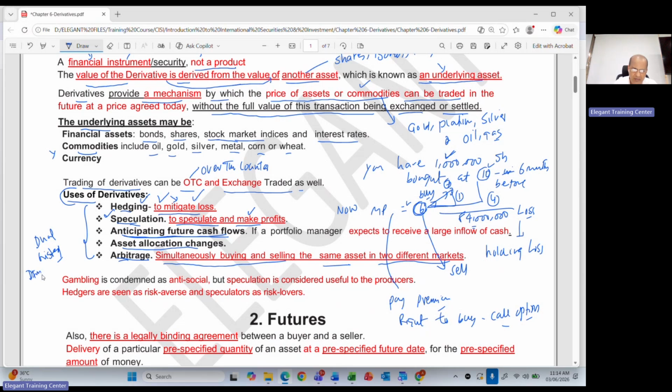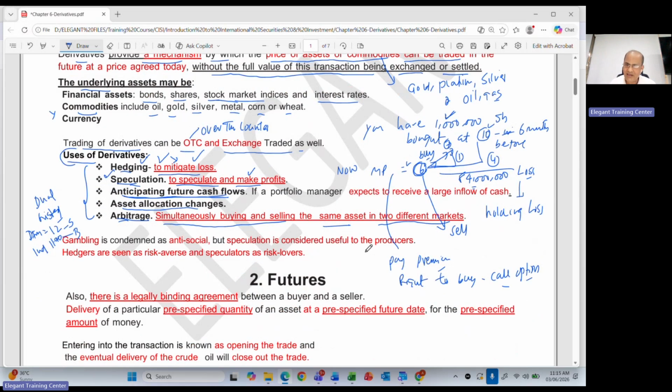Maybe in DFM the price is 12, but in India the price is 11.90. So you can sell in UAE and buy in the Indian market. That's called arbitrage. Buying in one market and selling in another market the same share at the same time is called arbitrage. So arbitrage is also a part of derivatives.